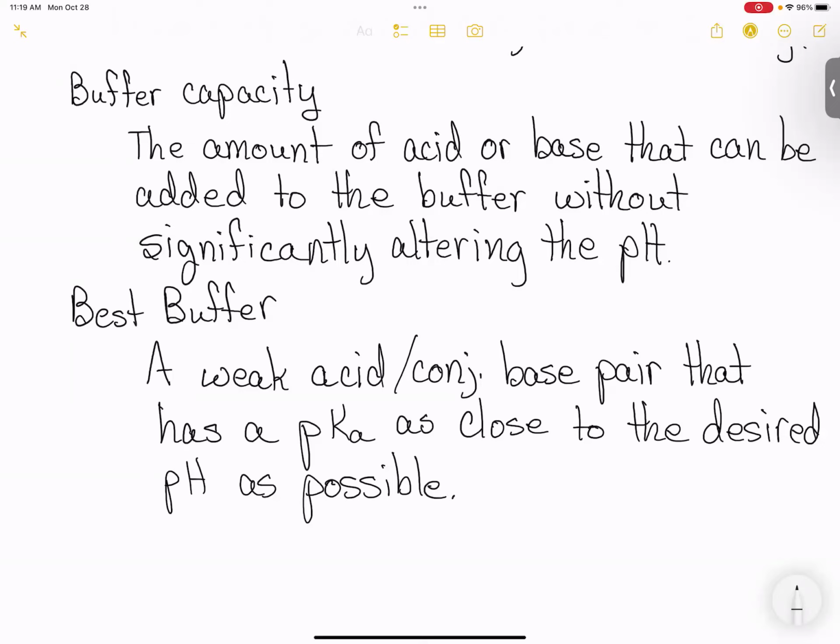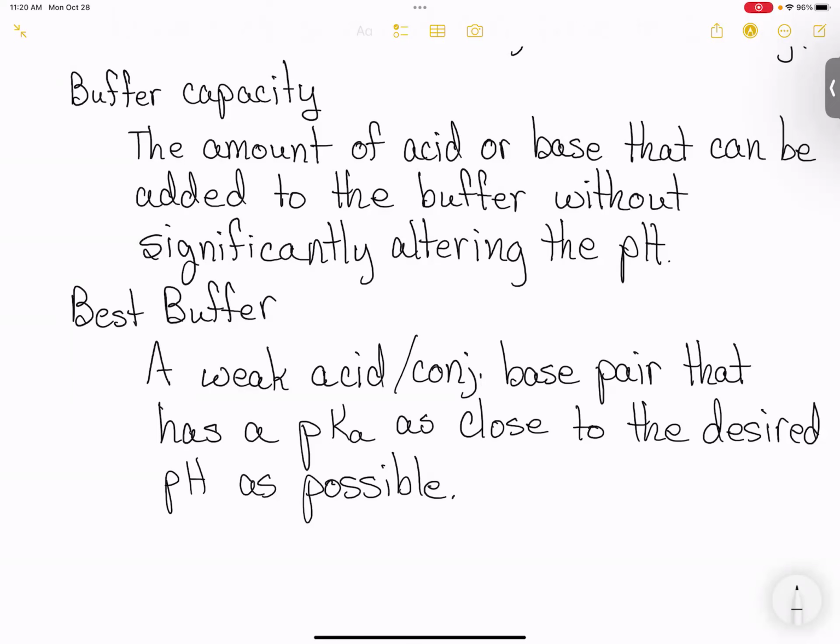So these are just a few factors when we choose a buffer. I mean, for the most part, we've been working problems dealing with buffers, but these are a few factors that go into choosing the correct buffer system. You want it to have a pKa as close to the desired pH as you can get it. You want it to be able to absorb as much strong acid or strong base as possible.